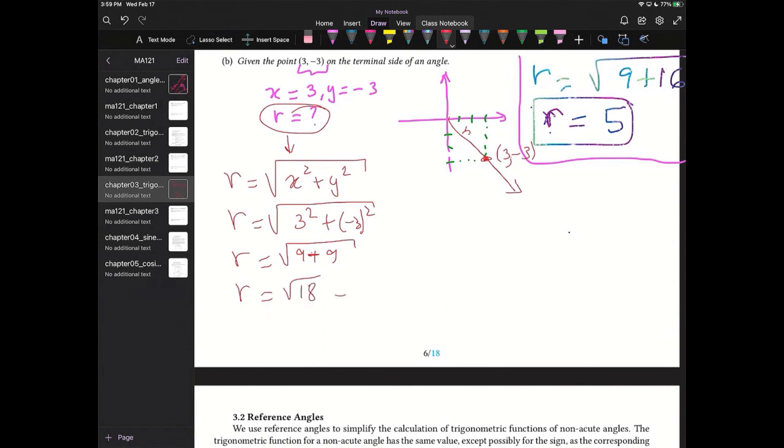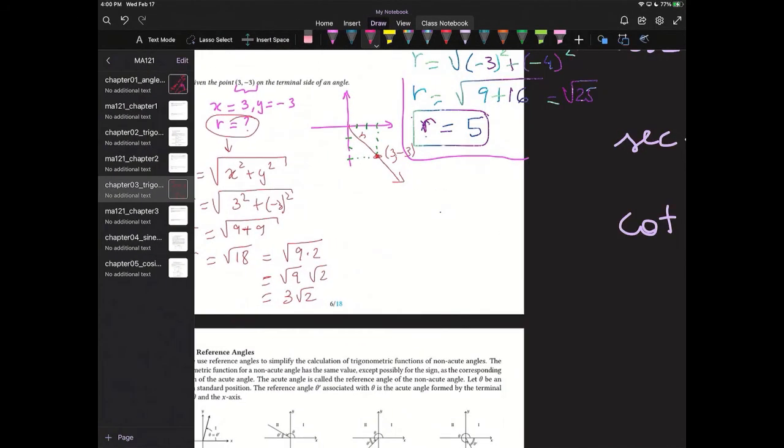We can simplify the square root of 18 because that is 9 times 2, right? If you separate the multiplication there, we have that that's 3 square root of 2. So we have r.